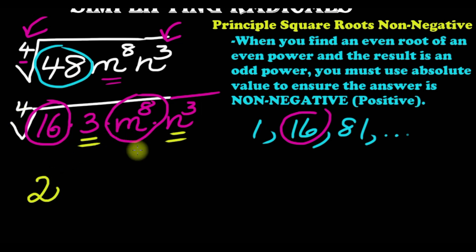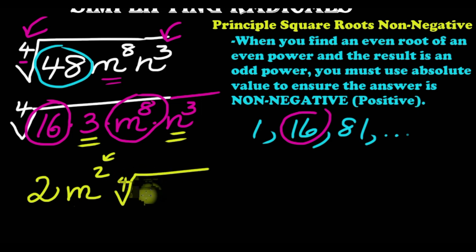And the 4th root of m to the 8 is m squared. Here we don't need an absolute value around m squared because it's even, so this is going to be a positive number no matter what. Your radicand is going to be 3n to the third power. So this is your final answer.